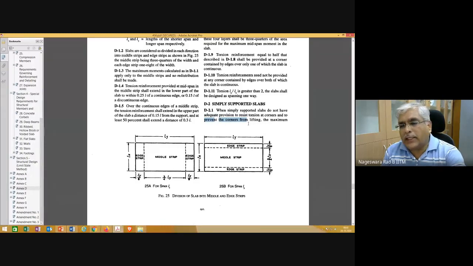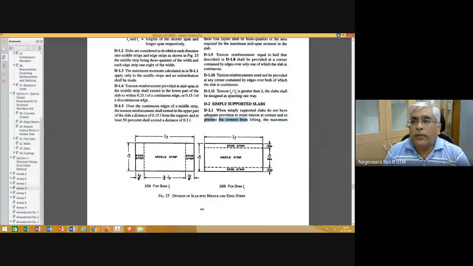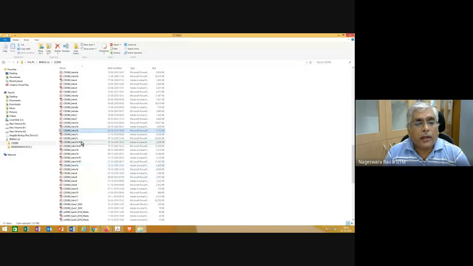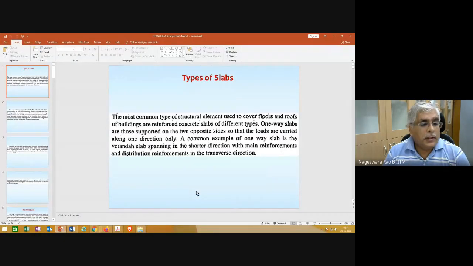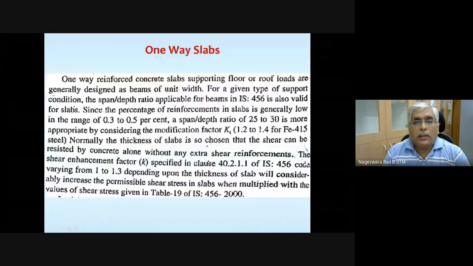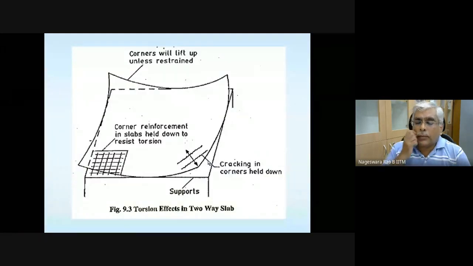First of all, what is this corner lifting? Let's understand that with the limited time we have in today's class. You can do a small experiment.